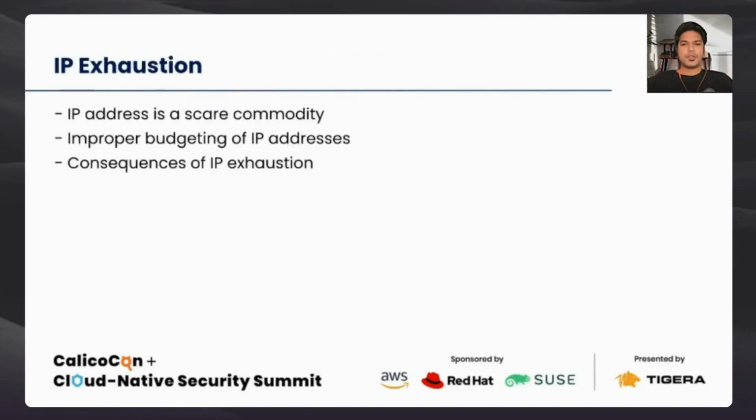IP exhaustion, IPv4 in particular, is a problem resulting from the unanticipated popularity of the internet at the time of its creation. IP exhaustion is basically the depletion of available IPv4 addresses for connected devices.